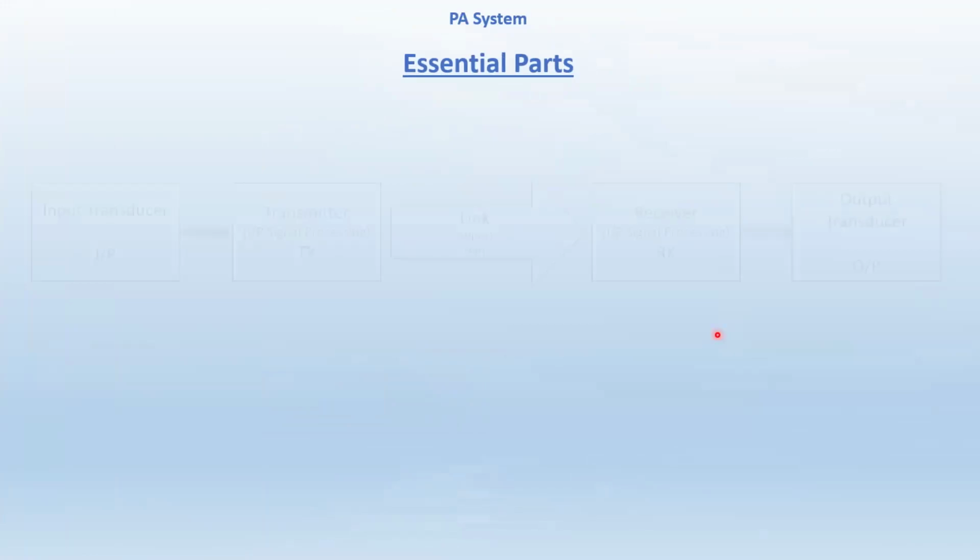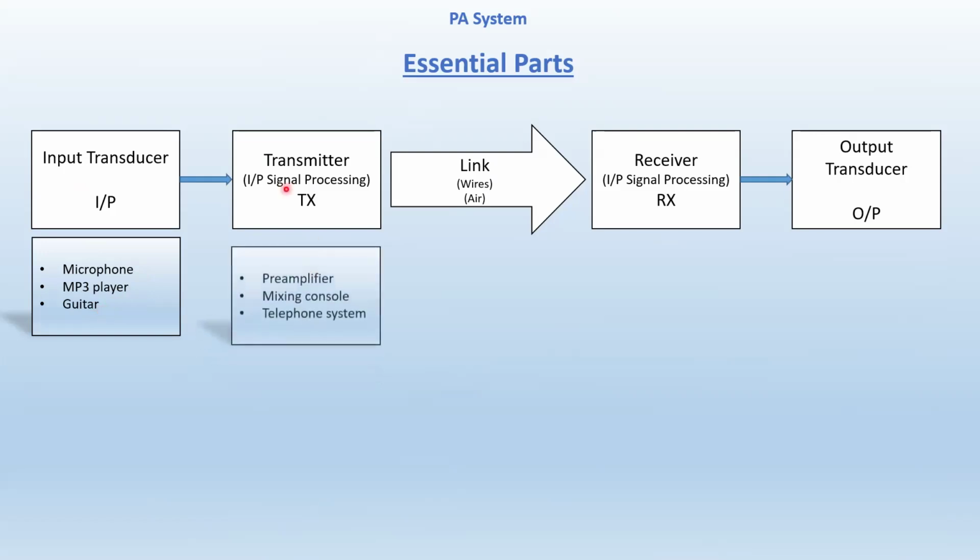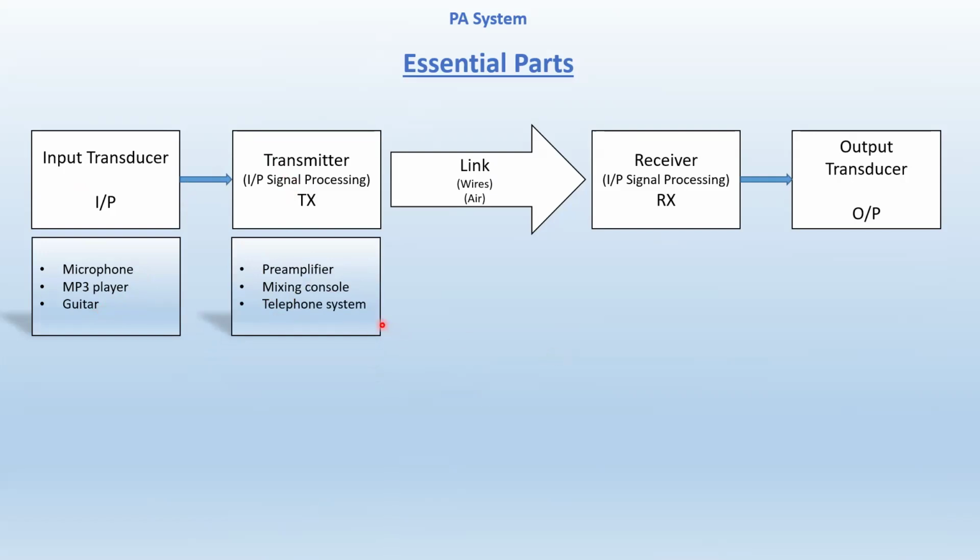Essential parts, we remember that from our last class. Examples of input transducers would be a microphone, MP3 player, CD player, or any kind of output from a radio, or a tape deck, and a guitar, from the guitar pickups. Then the transmitters, with preamplifier, mixing console, and maybe a telephone system.